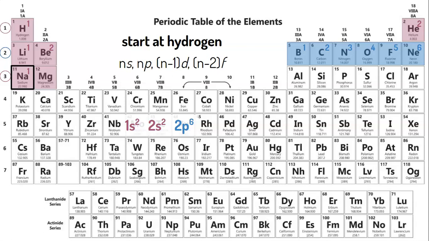So to end the electron configuration, we write 3 for the row, S for the block, and 1 for the element, because it takes us 1 to get to sodium. So your final electron configuration for sodium is 1s2, 2s2, 2p6, and 3s1. Okay.